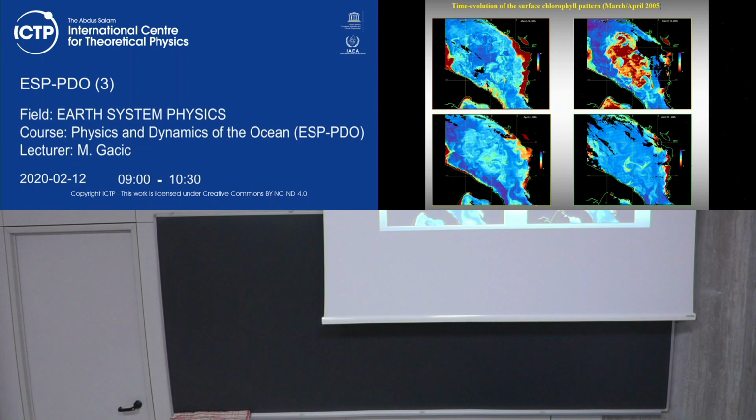And you can see the dramatic changes between different satellite images. Just to give you an idea, the more red is the color, the higher is the concentration of the phytoplankton or the sediments. The more blue, the lower is the concentration of the phytoplankton.